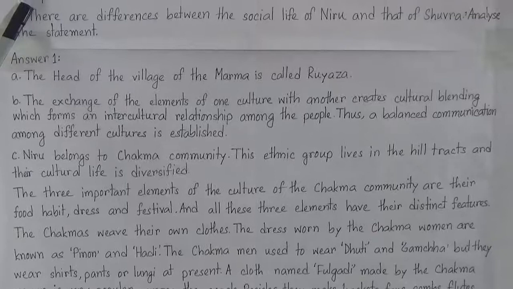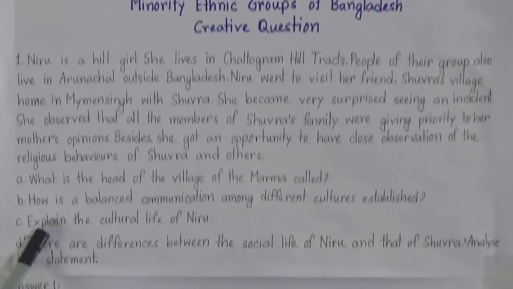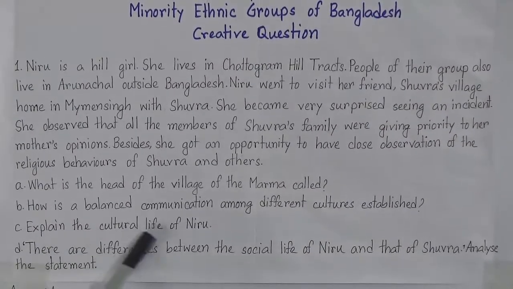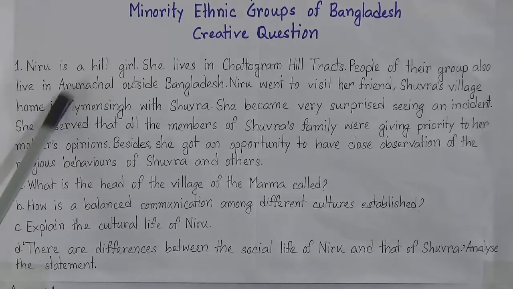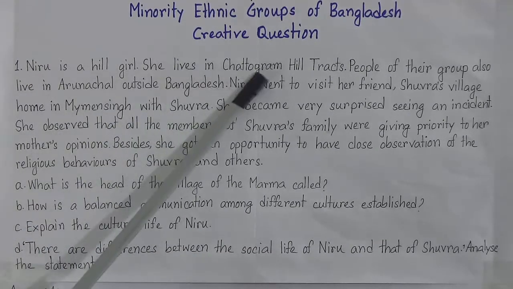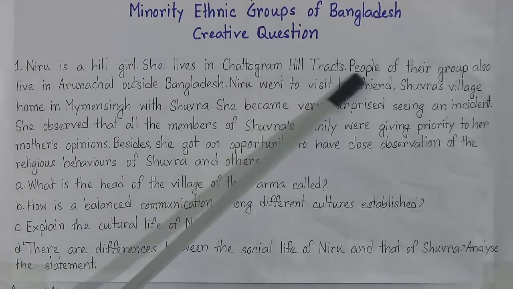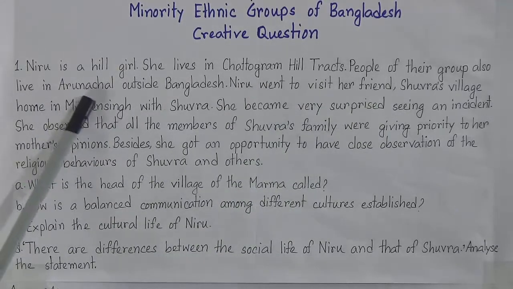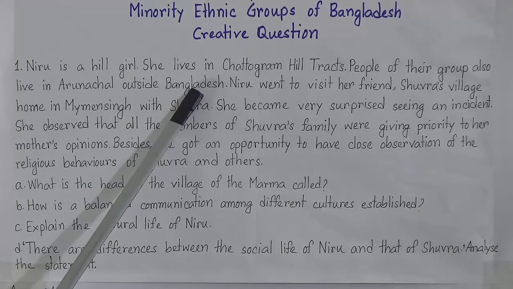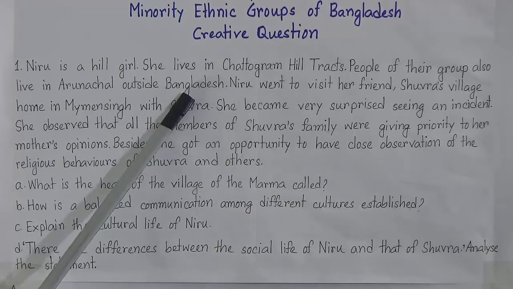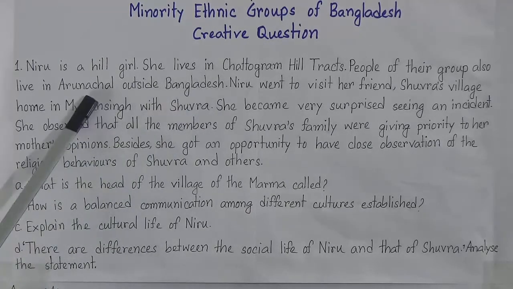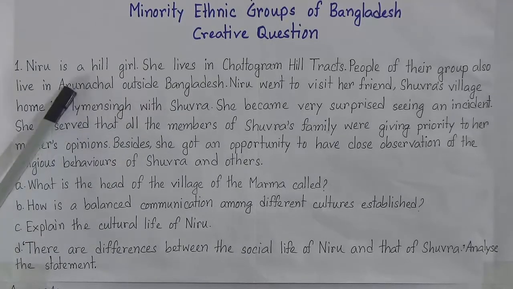Now question number C, and it carries 3 marks. Explain the cultural life of Niru. Now look, my dear students, Niru is a hill girl and she lives in Chattogram hill tracts, and people of their group also live in Arunachal outside Bangladesh. Could you remember which ethnic group live outside of Bangladesh? In India, in Arunachal.